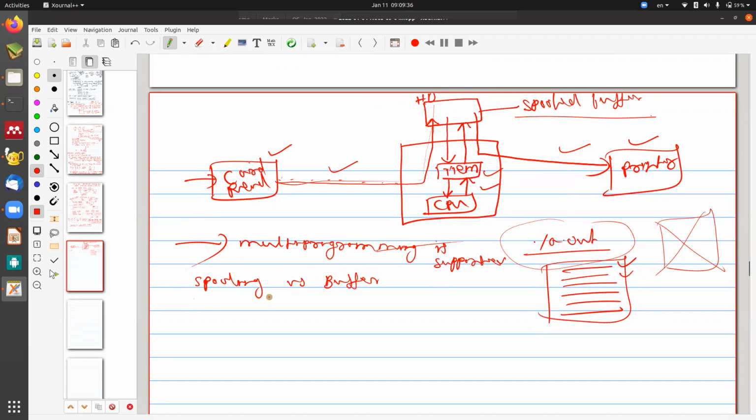So what spooling basically says is that it handles the IO of one job with the computation of another job.